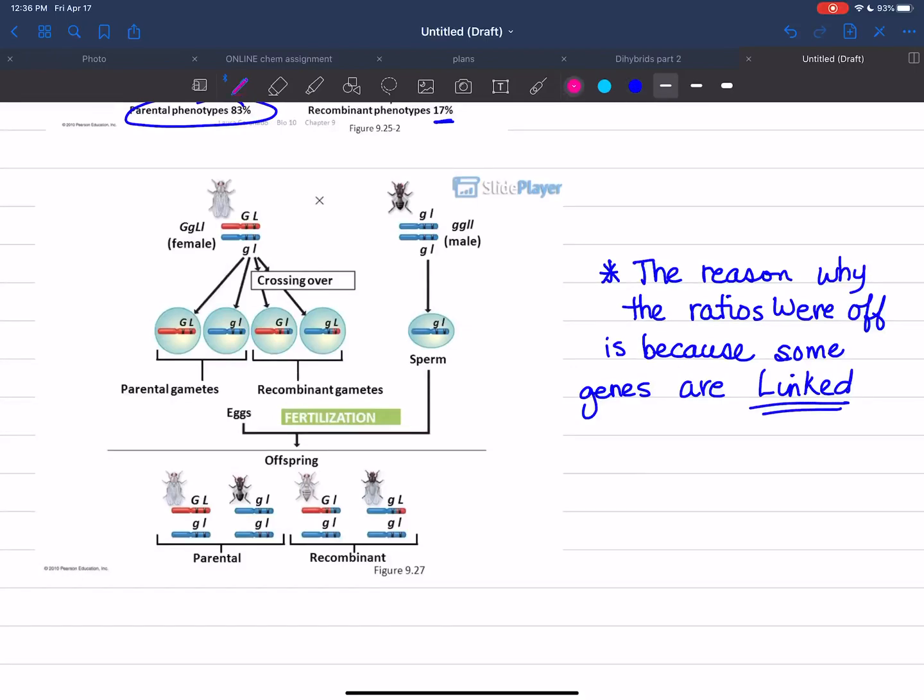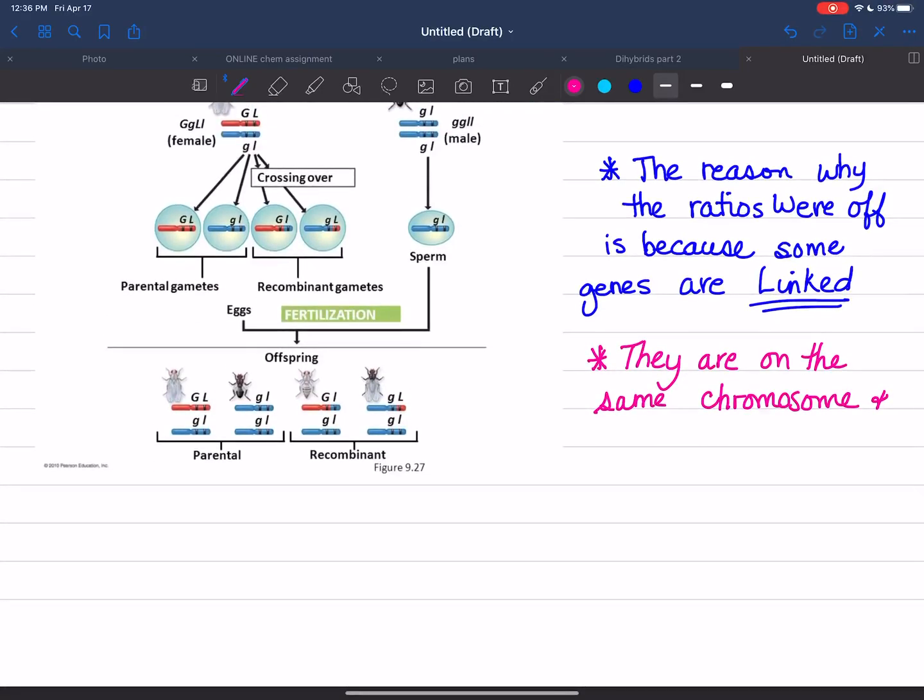So what does that mean that they are linked? Okay, so they are, first of all, on the same chromosome. And also, they tend to be transmitted together.